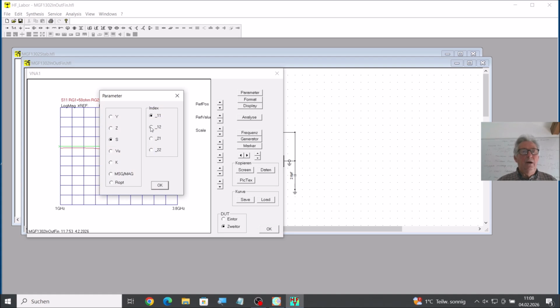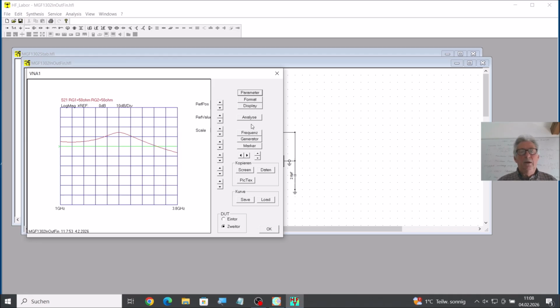And of course, now we are going to have a look at the parameter S21, and we can take the marker function, and we can see now our parameter S21, which is equal to the gain of our stage, will be now exactly the predicted 14.26 dB, which we already predicted using the maximum stable gain.